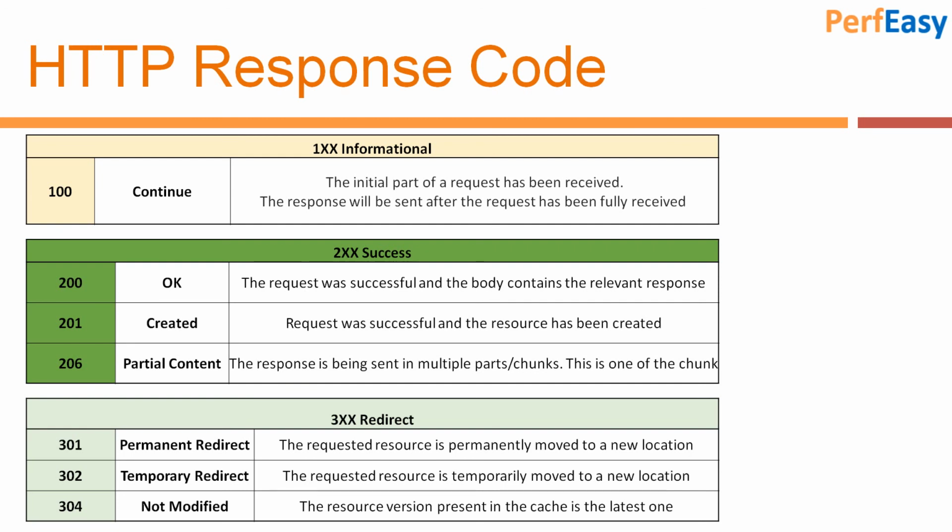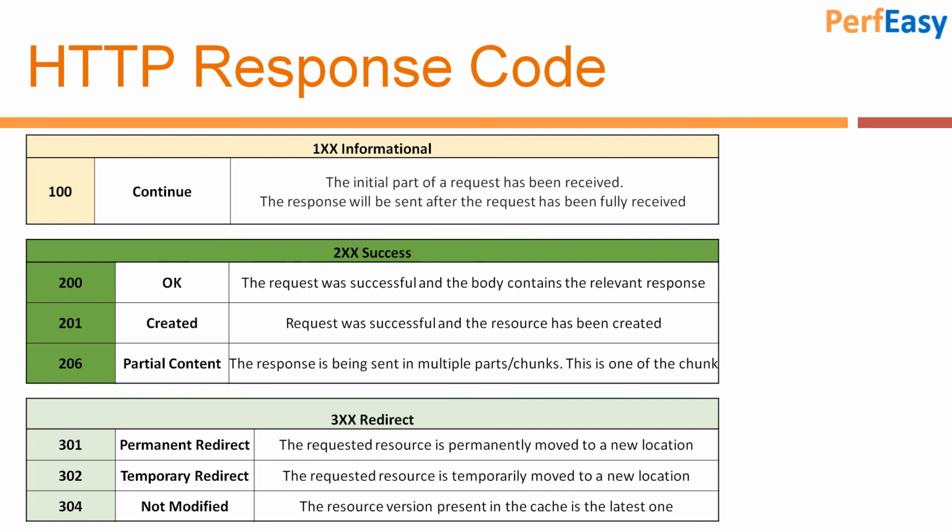Now the server is going to check whether the last modified date of the resource present in the client, on my machine, is the same as the modified date of the resource present on the server.